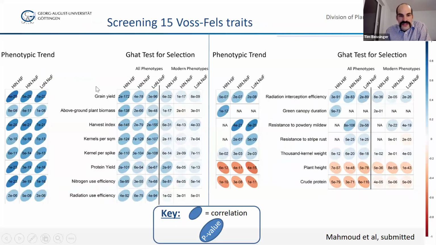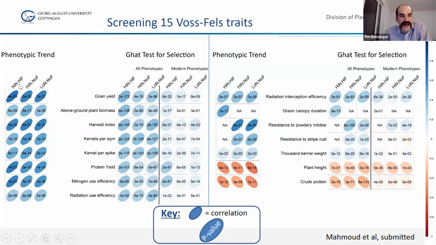This wheat study I mentioned had several traits measured, I think 15 or 18 traits in total. And this is a kind of complicated plot showing a bunch of things. So bear with me as I walk us through it. Going down the middle here is the trait, and over here is just a continuation of the plot. So we have grain yield, biomass, and so on, and then radiation interception efficiency, green canopy, and so on. A bunch of traits.